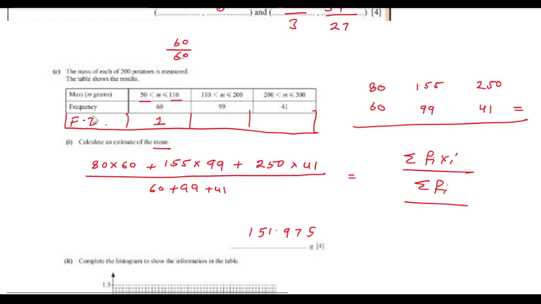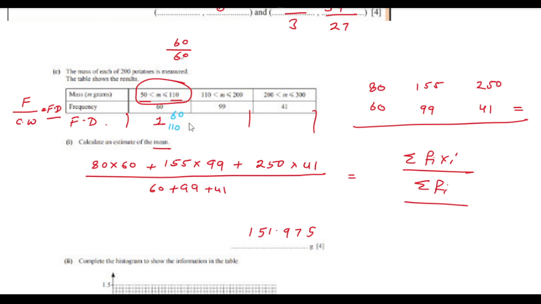Frequency density is your frequency divided by the class width. So your frequency divided by class width is your frequency density, your FD. For the first case, your frequency is 60, and the class width is 110 minus 50.